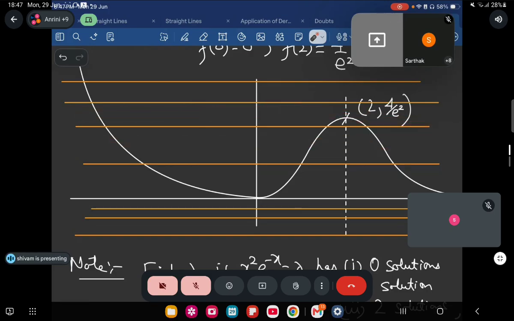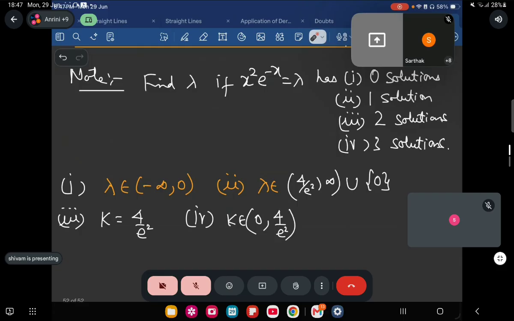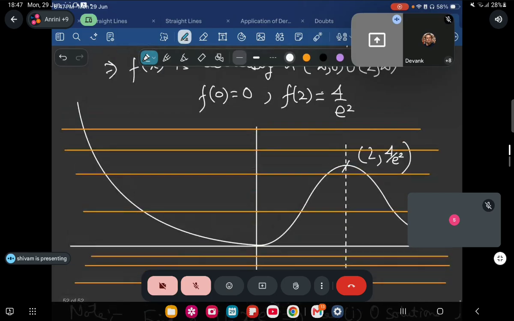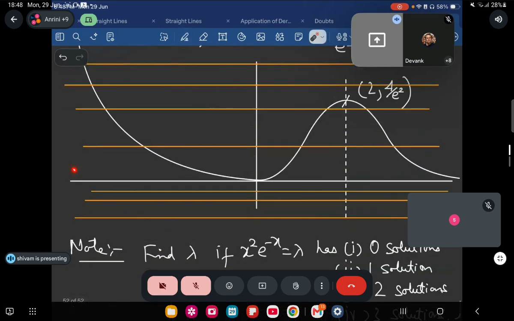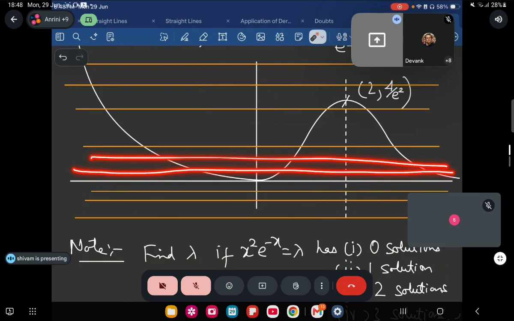Yes, you need to find out such a value. It's not k, it's lambda. You need to find such a value of lambda which will intersect the graph at three distinct points. See these ones, it is intersecting the graph at three distinct points.